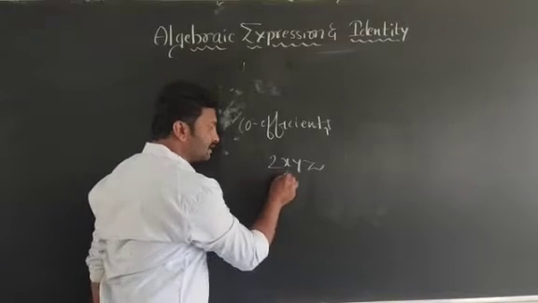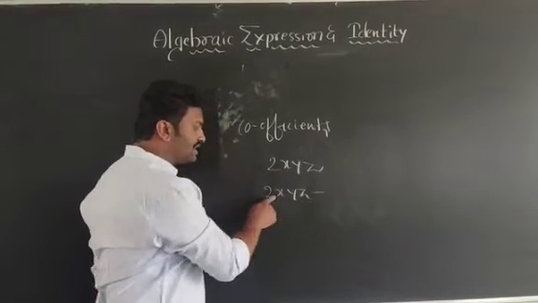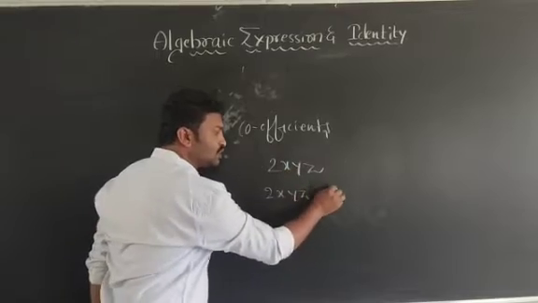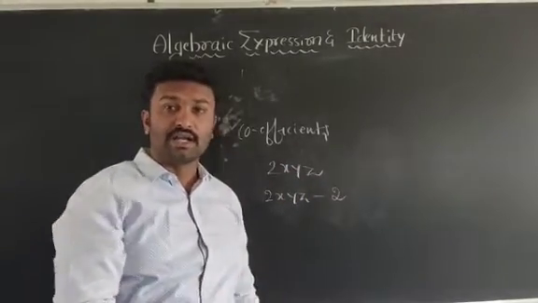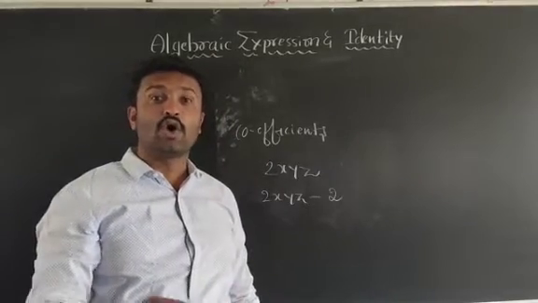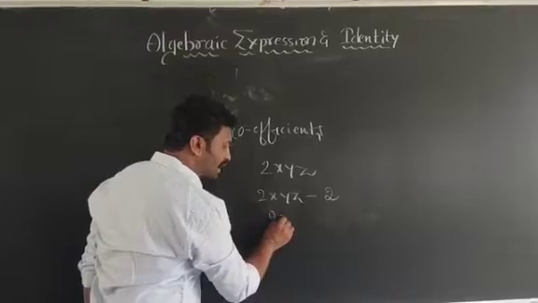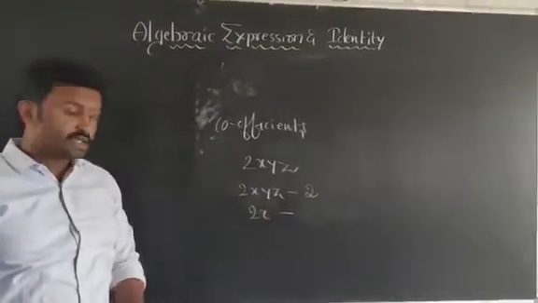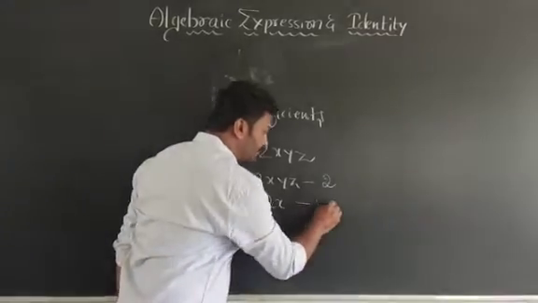How much is there? The coefficient of this xyz is 2. The numerical present before the variable is called coefficient. Or one more thing. If you want to write the coefficient of 2x, the coefficient of 2x is yz.